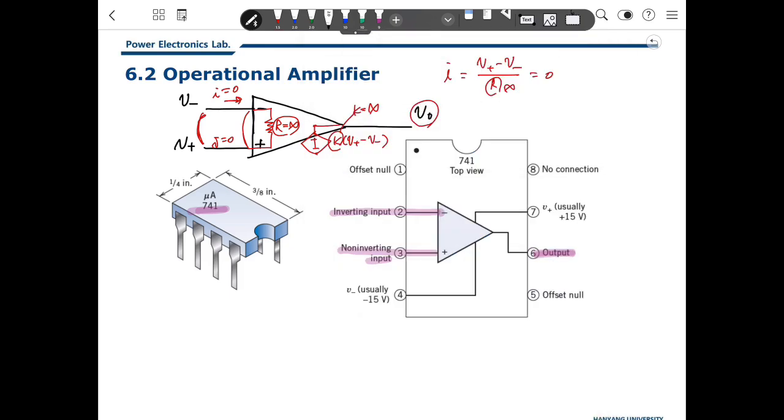Anyway, this is an op-amp. But there are two other pins here, V plus and V minus. This is actually not a signal pin. This is a supply pin, V supply plus and V supply minus.